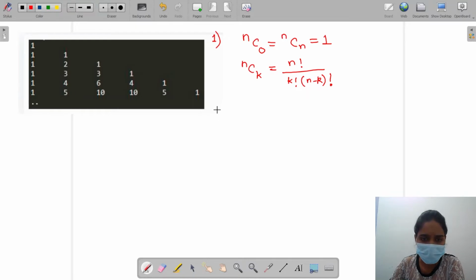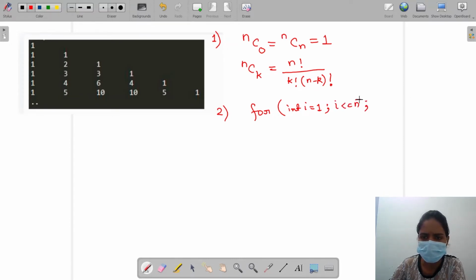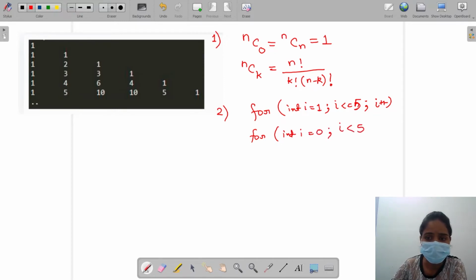Another thing I am trying to discuss here is, see very carefully what I'm writing. int i equals to 1, i should be less than equals to n. Let's suppose n is 5, and i plus plus. This is one for loop, and another for loop is int i equals to 0, i less than 5, i plus plus.